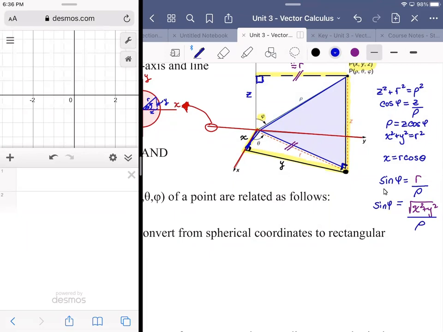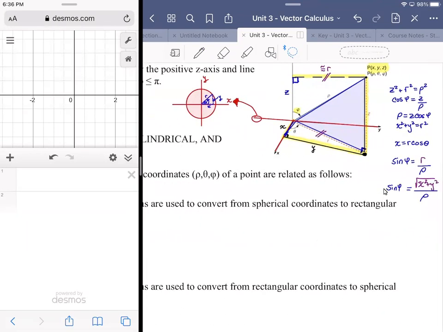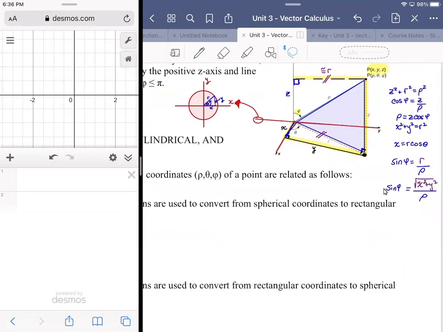Sine of phi. Then you have your rho either form. And then when you solve, you should end up with the appropriate relation.